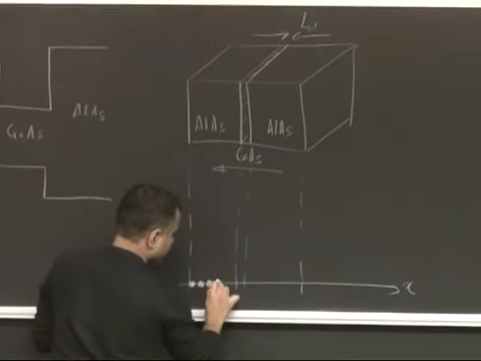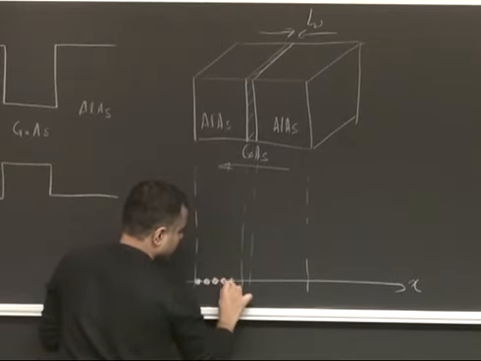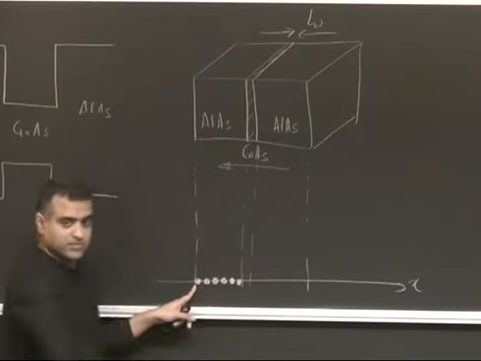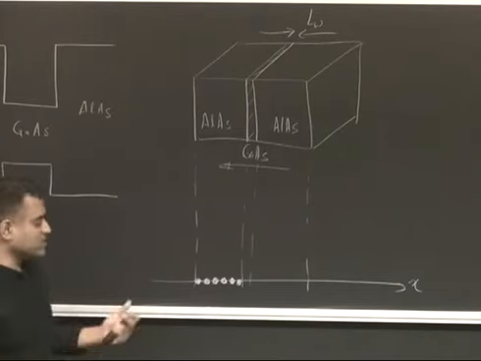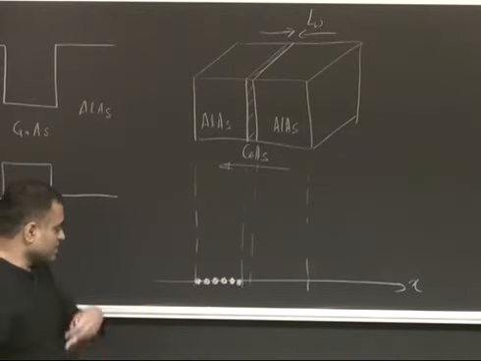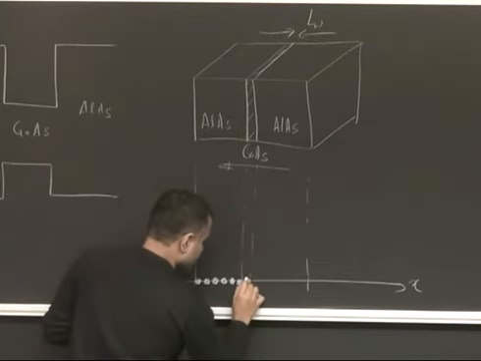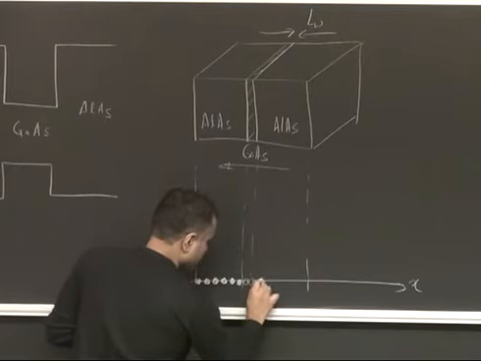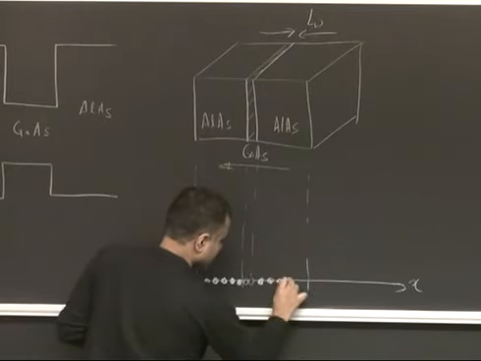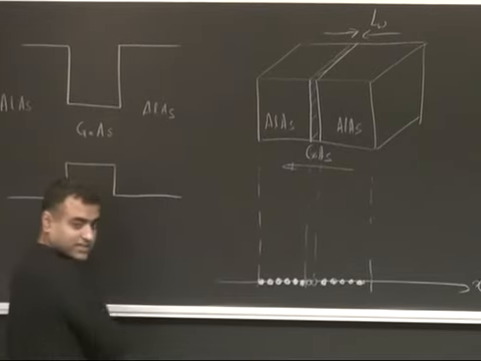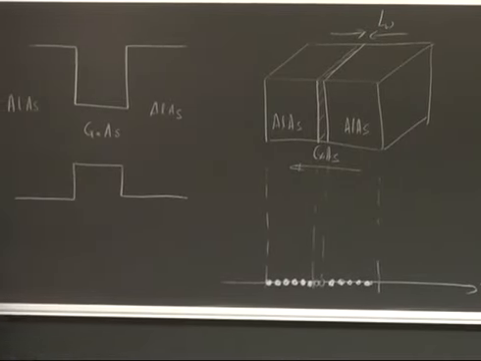So they are periodic. This is obviously not at all to scale. Let's say this is a micron, then you'll have many atoms, about 10,000 or so. And inside this region, you have gallium atoms and arsenic atoms, and then you go back to aluminum and arsenic. Does the atomic structure make sense? And outside, there's nothing. That's vacuum. This is vacuum.